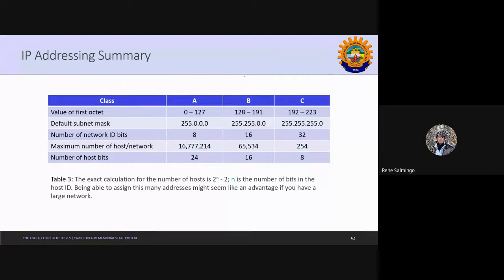For class C, how many are the host bits? So you have 8, diba? 8. So when you solve the number of hosts, for example, let's say the host ID has 4 bits, so 2 to the 4, minus 2.